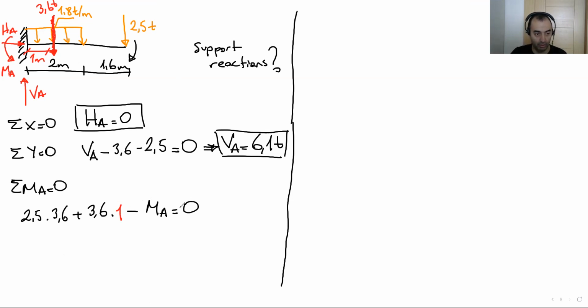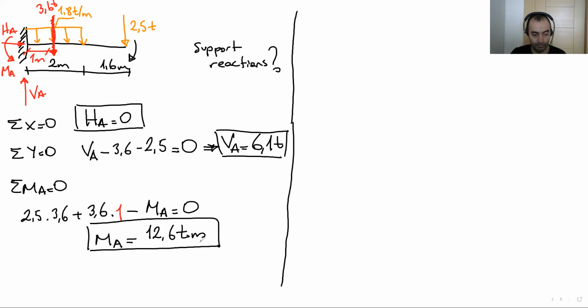So if we do this calculation, MA equals 12.6 ton meter. Now we have all the reactions, HA, VA, MA.